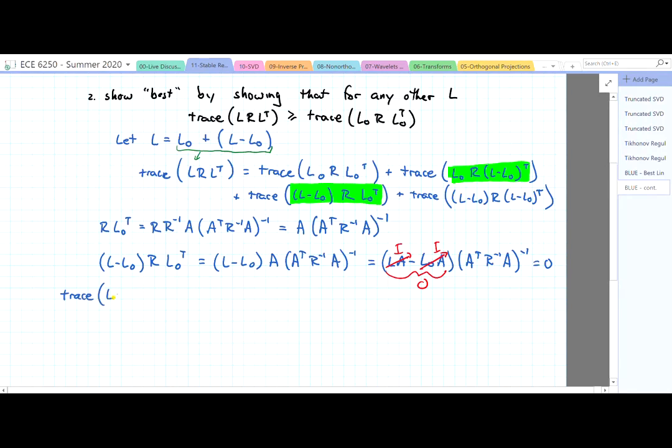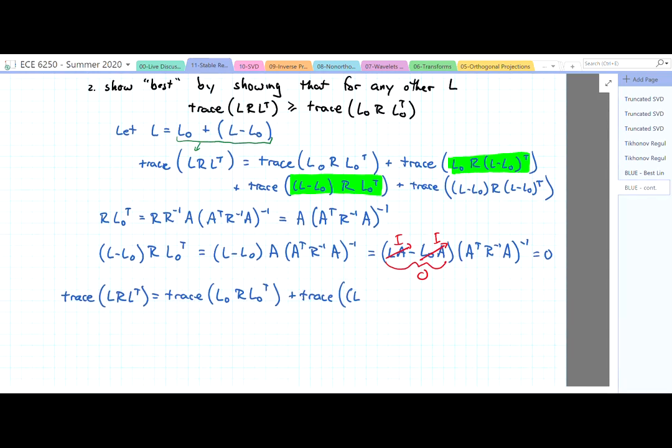The trace of L R L transpose is equal to the trace of L naught R L naught transpose plus, without the two green terms, we just have one other term, the trace of L minus L naught R L minus L naught transpose.